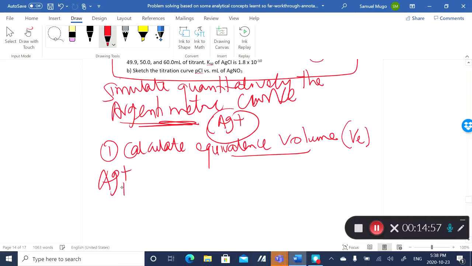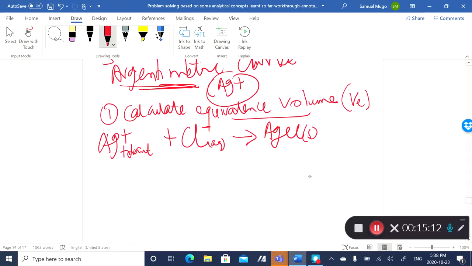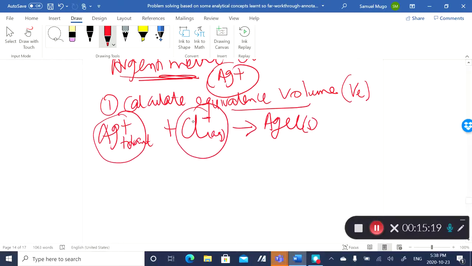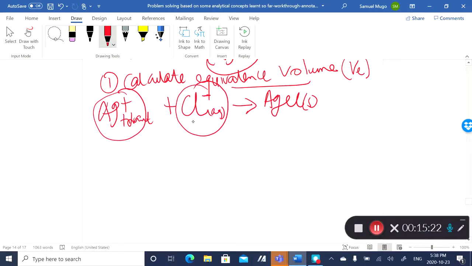So that's a titrant, and then you've reacted it with the chloride to give you the product, and the product is a silver chloride salt. And so the equivalence point is the point at which you've added enough titrant to react with all the chloride that is present in the sample.